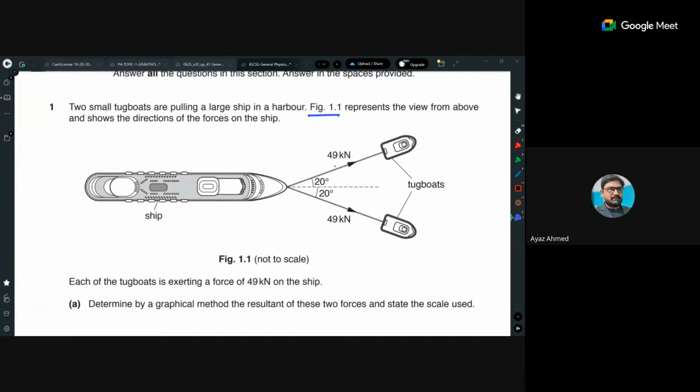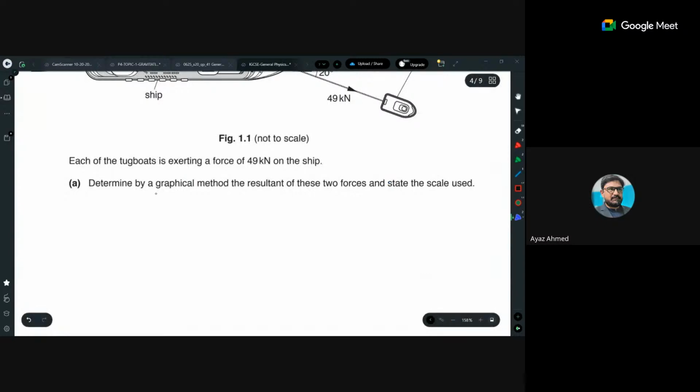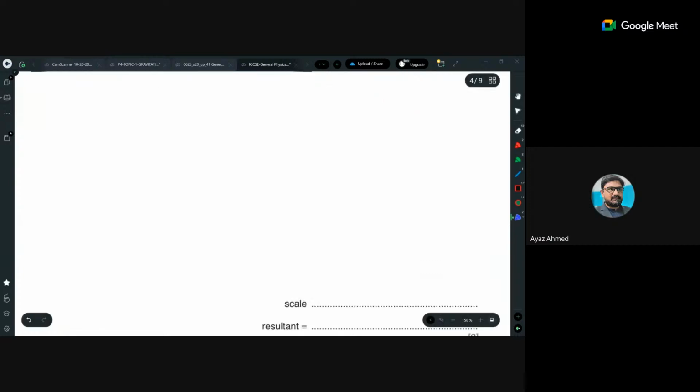Boats are applying a force of 49 kilonewton towards the right at an angle of 20 degrees each with the direction of motion of the ship. Determine by the graphical method the resultant of these two forces and state the scale used. This should be at least 4 marks.